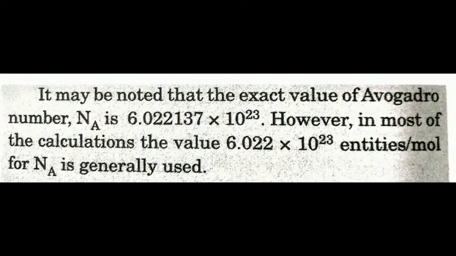Thus, it may be noted that the exact value of Avogadro number NA is 6.022137 × 10^23. However, in most calculations, the value 6.022 × 10^23 entities per mole is taken.